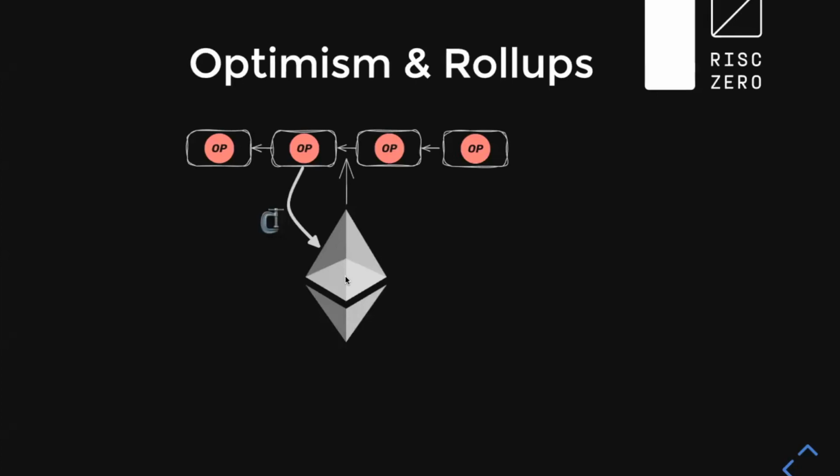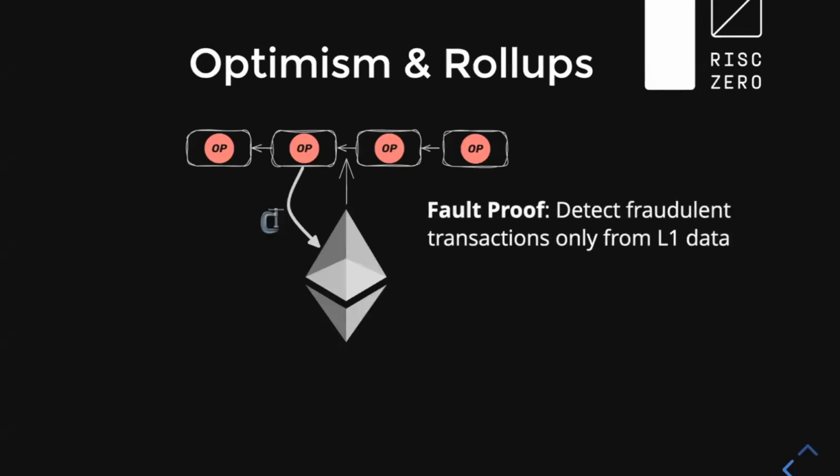That's where the name comes from. Then you can use only the main chain to reconstruct any state, and you can do so-called fault proofs, which make it possible to detect fraudulent transactions, but that is only from L1 data. And this is where the security transitiveness comes from, very, very briefly.